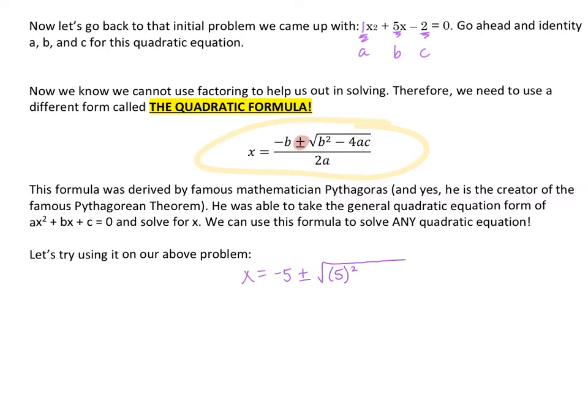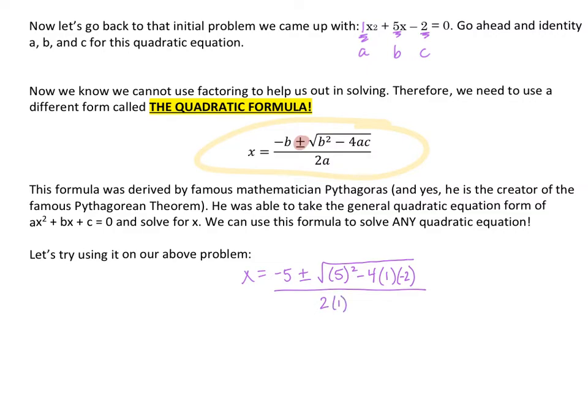So b squared, so 5 squared, minus 4 times whatever our a value is, which is 1, nice and easy, times our c value, which, remind me, is not just 2, it's -2. And then this whole piece is all divided by 2 times whatever our a value is, which is 1.